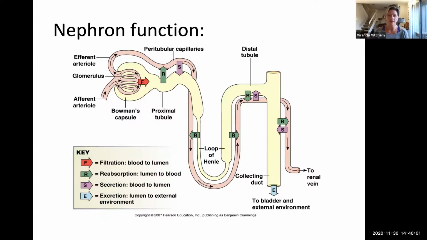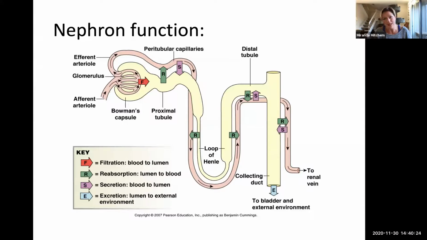to the bladder. Now, it is possible to recover fluid out of the bladder in cases of severe dehydration, but that's not normal physiology. So typically when our filtrate makes it in the form of urine into the bladder, its destination is out of the body.